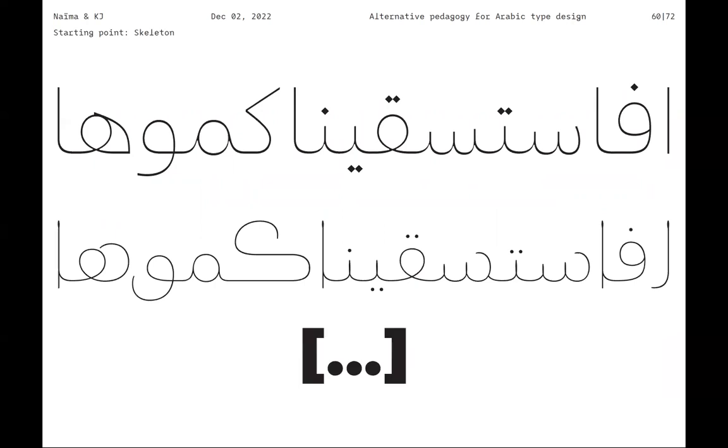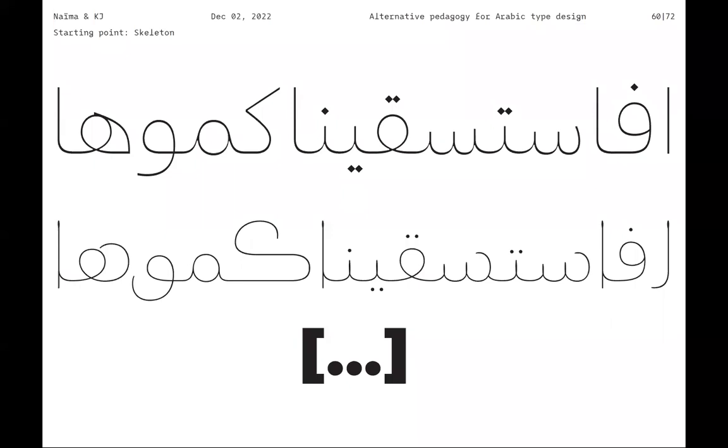If we design those skeletons, and those are open source, meaning anyone can download, open, modify, then people who want to have their first go at designing an Arabic typeface can use this skeleton as a start.